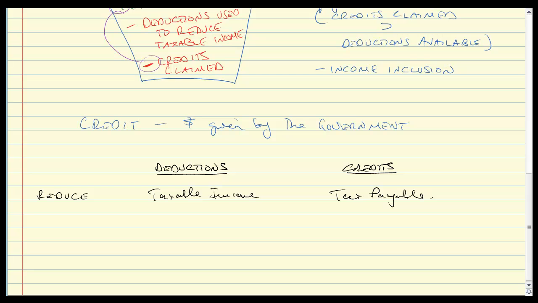So basically, it's the government saying you owed us a certain amount of money, but you now owe us less because of this credit. And then what are your tax savings? Like, how much do you save for a dollar? How much do you save for a dollar of deduction? Well, you save at your marginal tax rate, whereas a credit you save at a specified rate, so whatever the rate is that the government has said, we're going to give you X% of every dollar that you spend in credit, then you're saving at a specified percent.